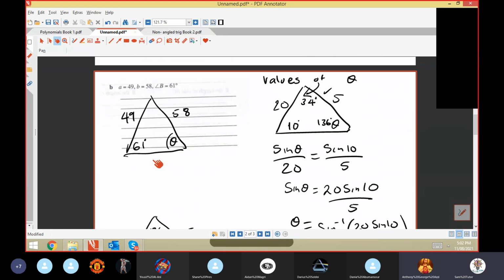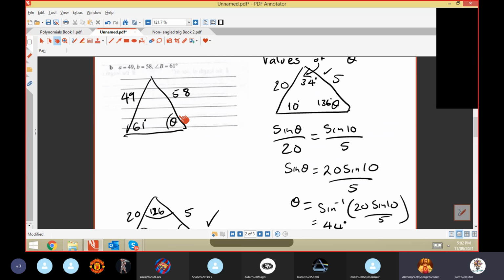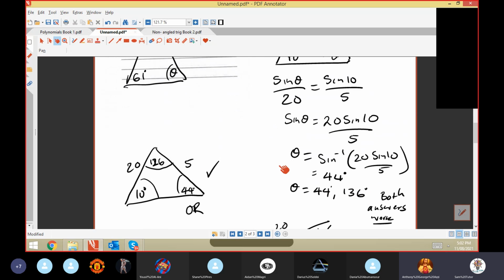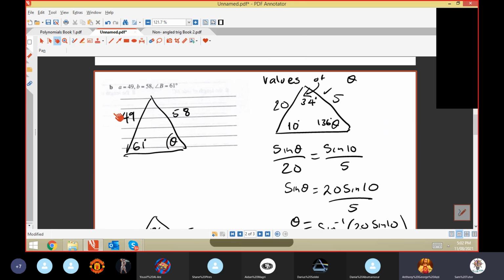But with this one that we're going to do now, you guys will realize, yes, you can get multiple thetas. It's not a problem. You can get different answers, but one of them just won't work out for a triangle. So again, let's have a look. Sine theta on 49 equals sine 61 on 58, times by 49 and then inverse sine it. So what's the answer we're looking for?